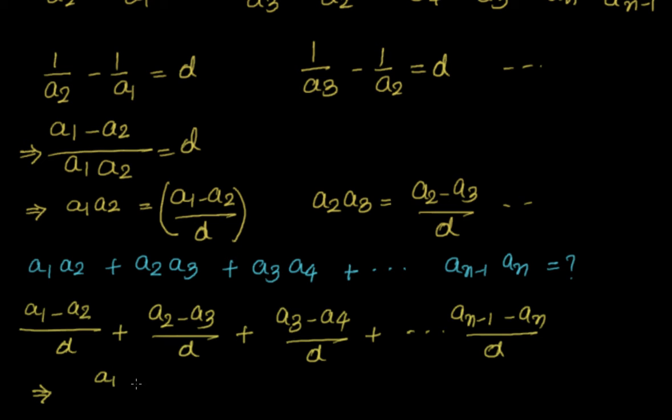We are just left with the first term and the last term, which is the subtraction between them. So the answer we got is (A1 minus AN) divided by D.